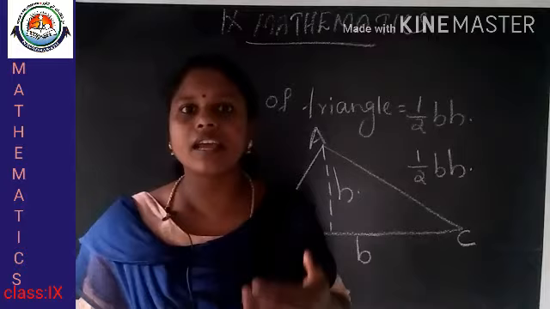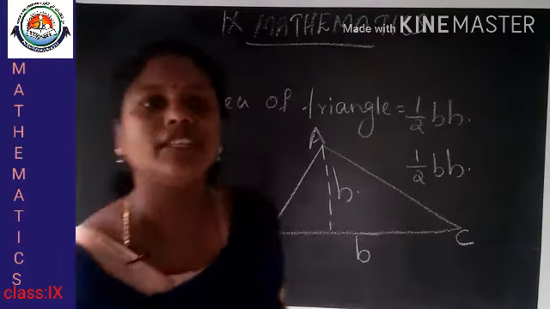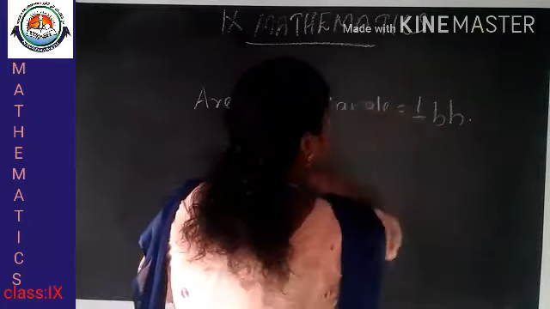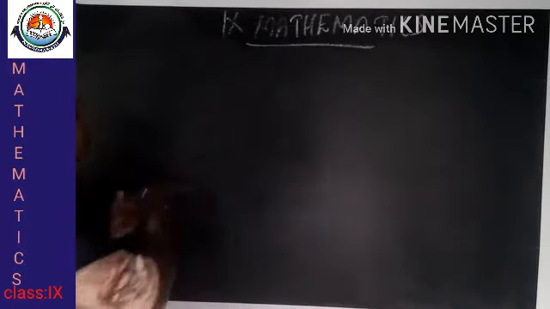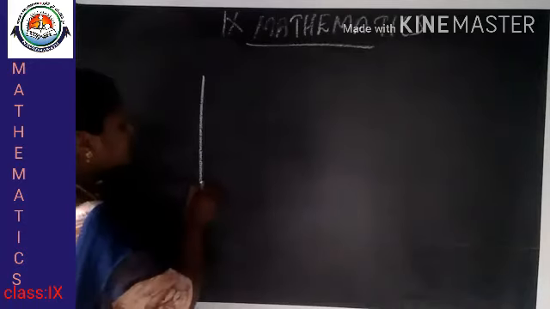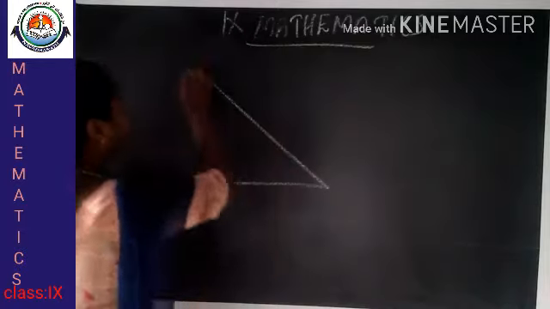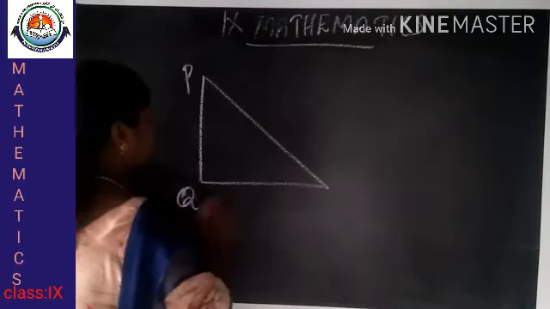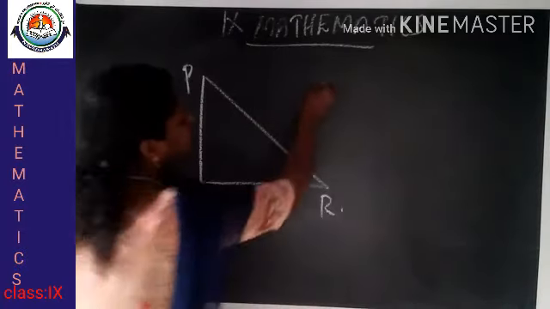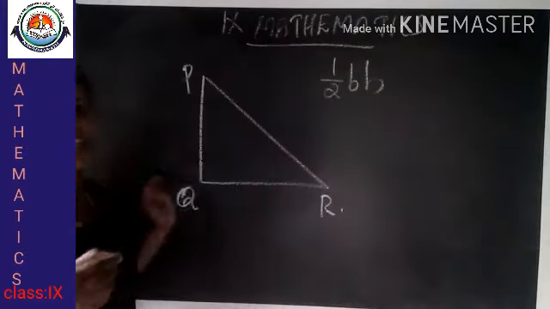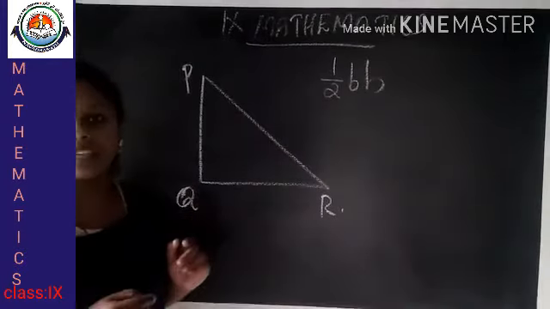And right angled also. Suppose we have a right angled triangle PQR. Using this half BH, can you find the area of this right angled triangle?